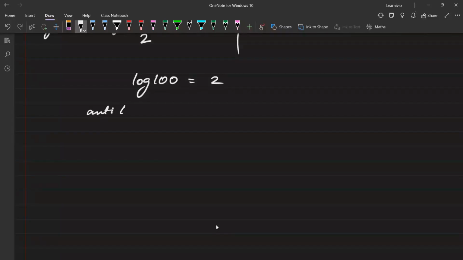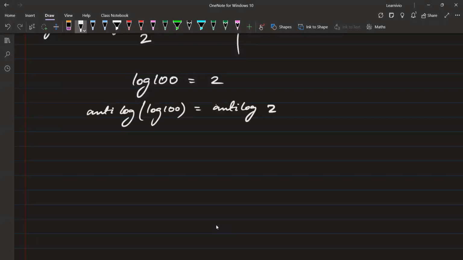Antilog of log 100 will be equal to antilog of 2. यहाँ पे अगर हम देखें antilog and log, they cancel each other.